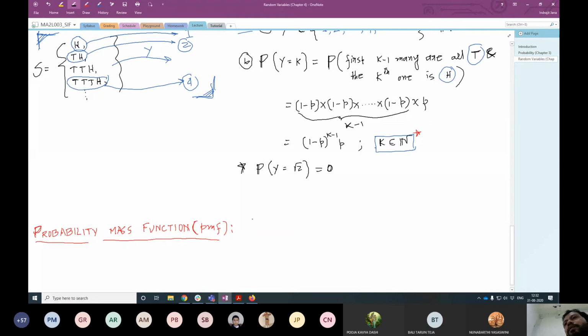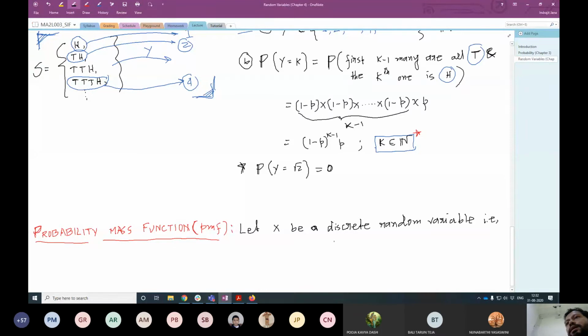Okay. So what is the probability mass function? Let X be a discrete random variable. I have not defined what a discrete random variable is, I will do so. What is a discrete random variable?